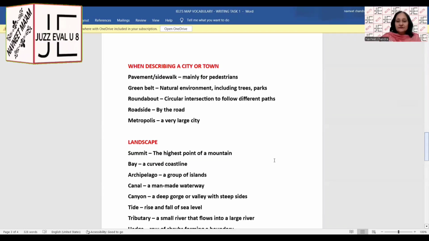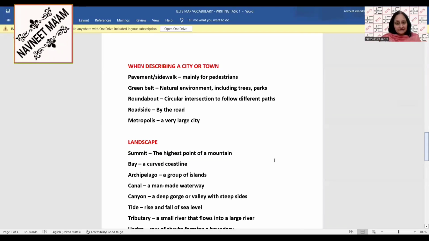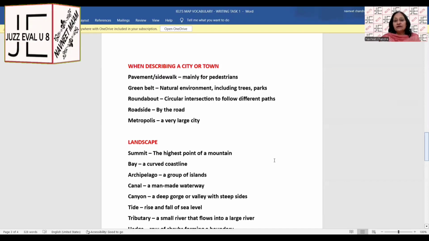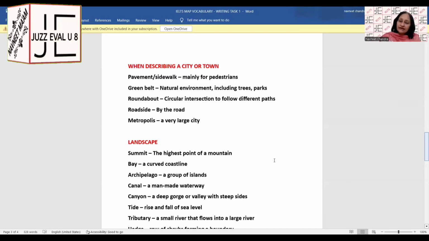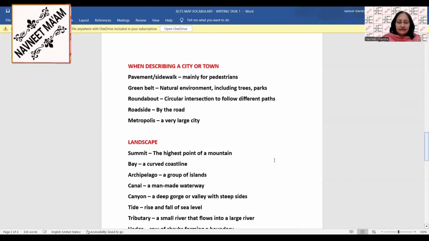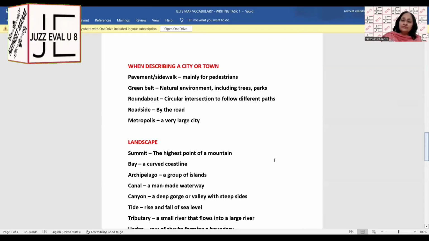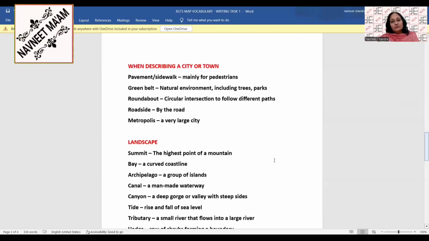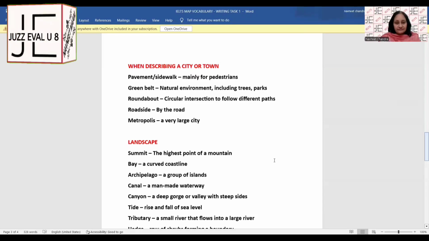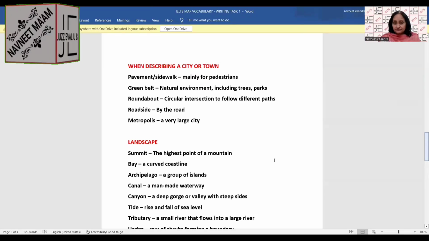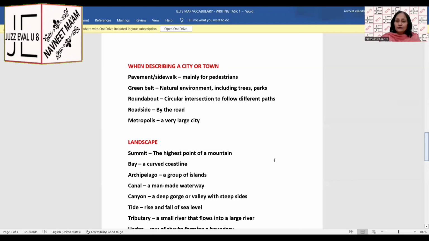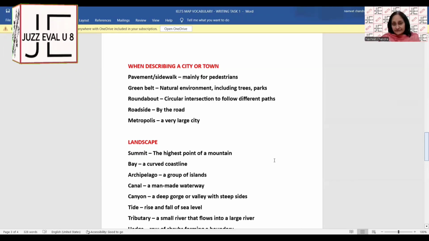Your cities also, you must have seen, has circular intersections which can lead to different paths. Roadside means just by the road. Like you say, there are many vendors lined up alongside the road or by the roadside. Then metropolis means a very large city like Bombay, Calcutta, Bangalore, Delhi. All these are metropolitan cities.